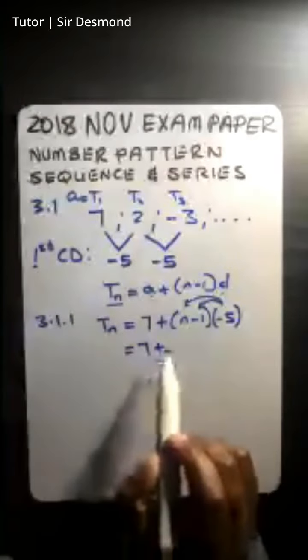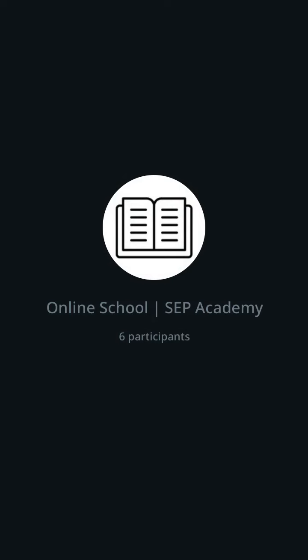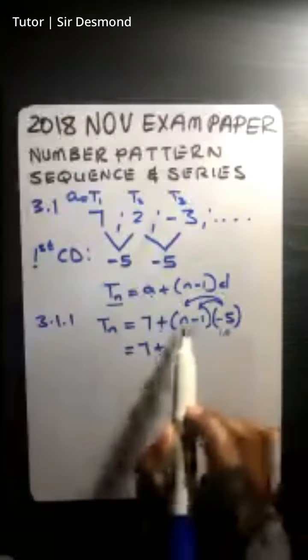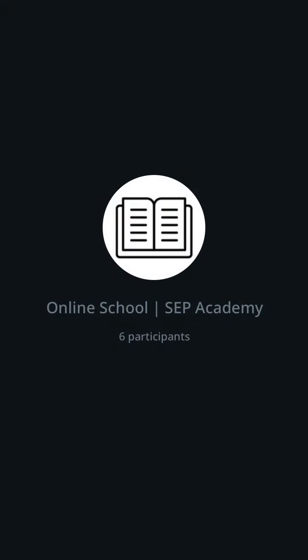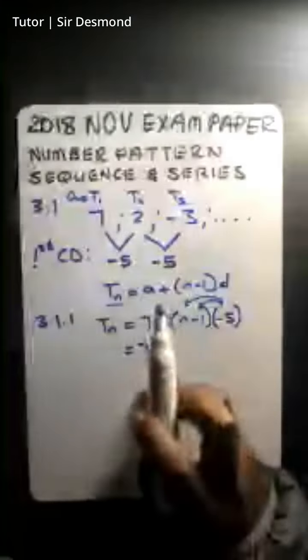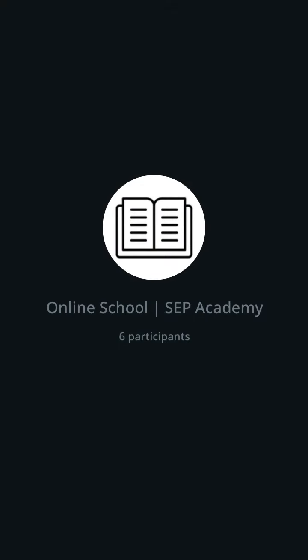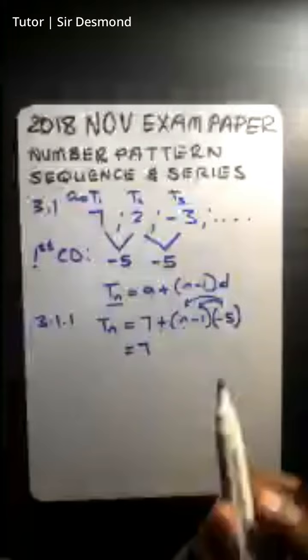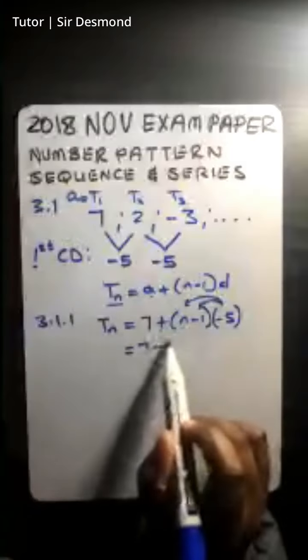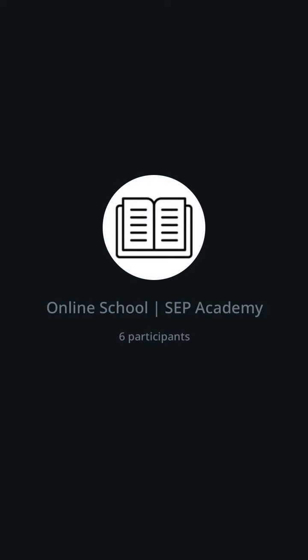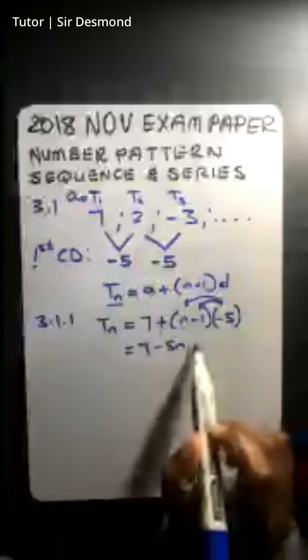Now you're multiplying a negative value by a positive value, so you end up with a negative value. That is why I am going to remove that, based on the understanding that you're multiplying n by -5. So you end up with negative 5n. Then you multiply negative by negative, it's a positive. 1 times 5 is 5.